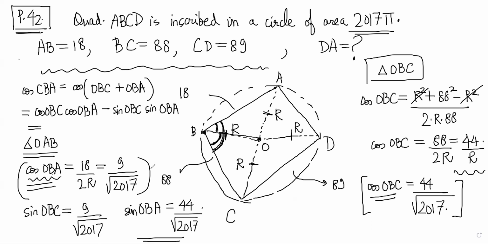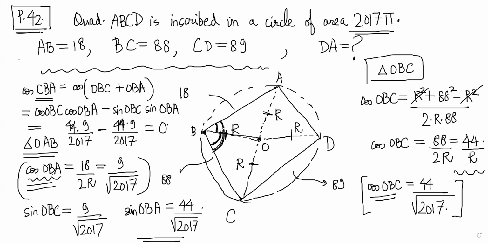And now you can check the values. Cos OBC is 44 by this. Cos OBA is 9 by this. So you're getting 44 into 9 by 2017 minus sin OBC and sin OBA, which also is 44 into 9 by 2017. So this is equal to 0, which means angle CBA is 90.